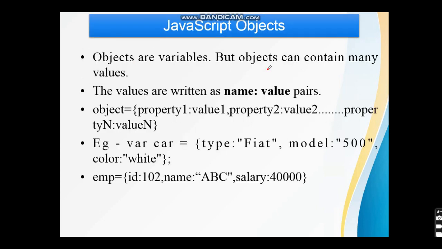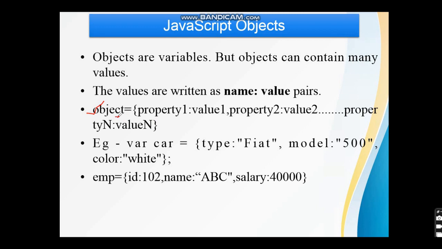Okay? Next, JavaScript object. Objects are variables, but objects can contain many values. The values are written as name, value pairs. So here you can see this is the example or the syntax.